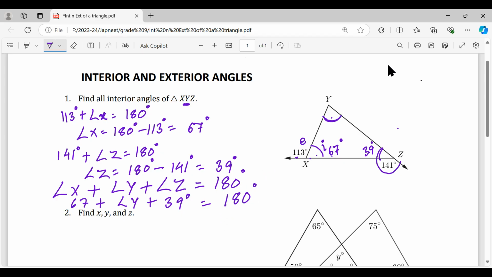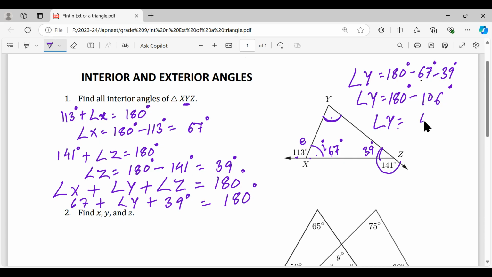So you can write now angle y equals 180 degrees minus 67 degrees minus 39 degrees. So angle y equals 180 degrees minus 106 degrees. So this will be angle y equals 74 degrees. Easy?